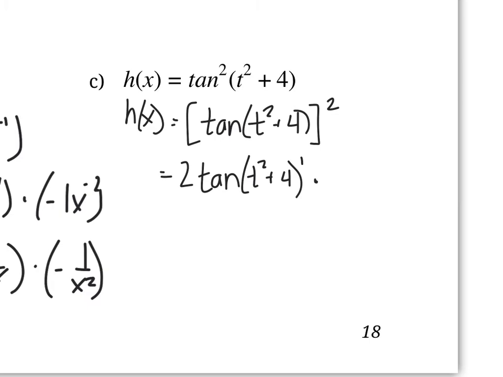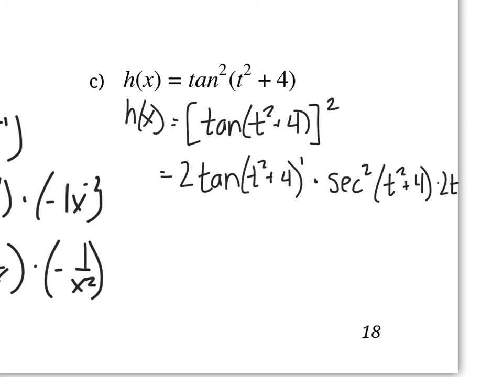A little bit tricky. Well, we know the derivative of tan is just secant squared whatever's in the brackets. And then we have to multiply by the derivative of that, which in this case is just 2t. So there's our derivative. A little bit complicated.